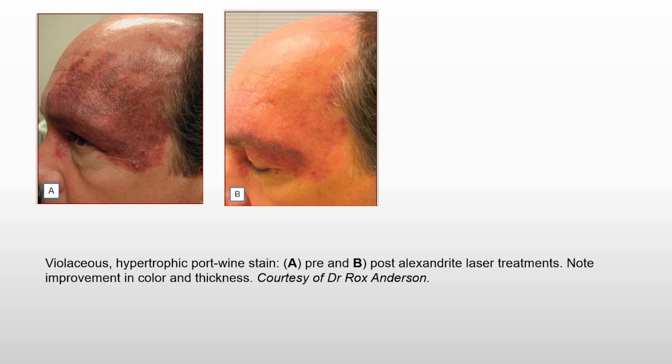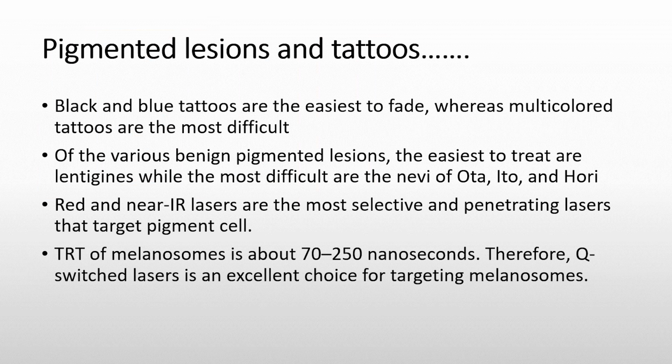Then a few points about pigmented lesions and tattoos. Black and blue tattoos are the easiest to fade, while multicolored tattoos are the most difficult to fade. Considering benign lesions, lentigines are the easiest to treat, and nevi of Ota, Ito, and Hori are the most difficult to treat.